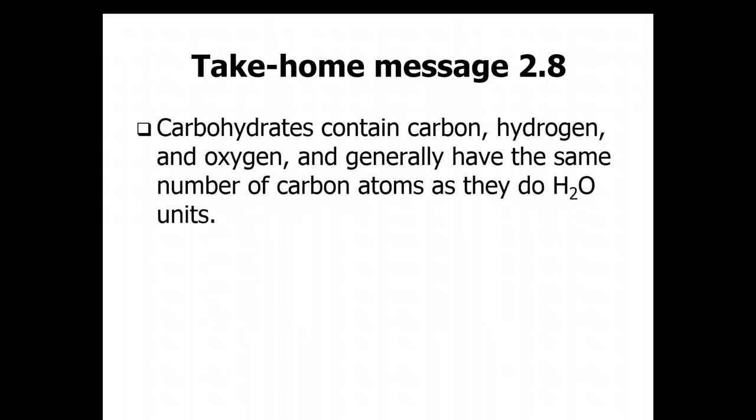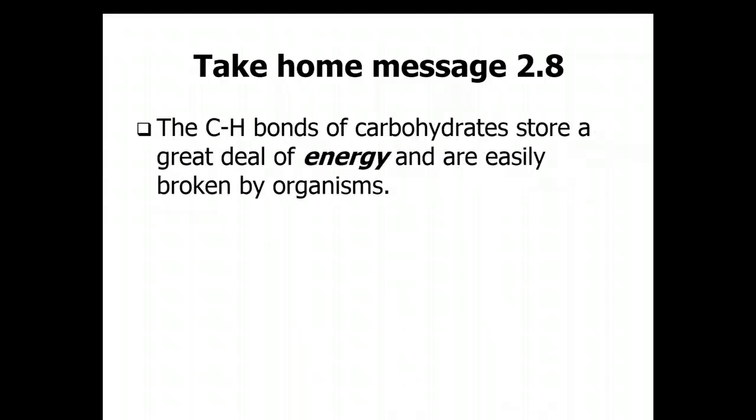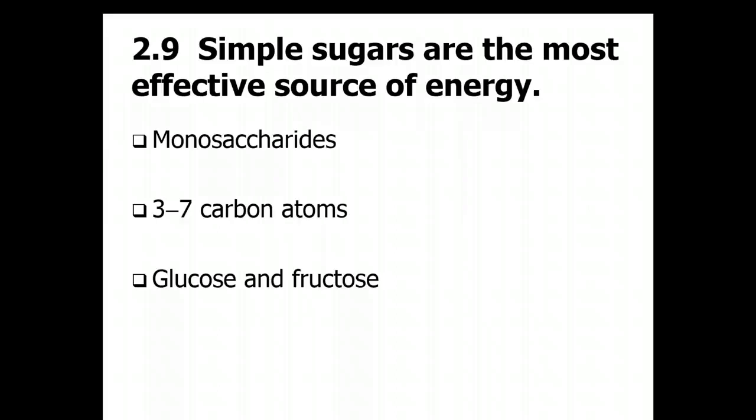Carbohydrates contain carbon, hydrogen, and oxygen, and generally have the same number of carbon atoms as they do H2O units, so you can look at it that way. CH bonds of carbohydrates store a great deal of energy and easily broken down by organisms, and they break down in a similar way, so it's universal. Of course, all that energy comes from the sun, but we'll talk more about that later.